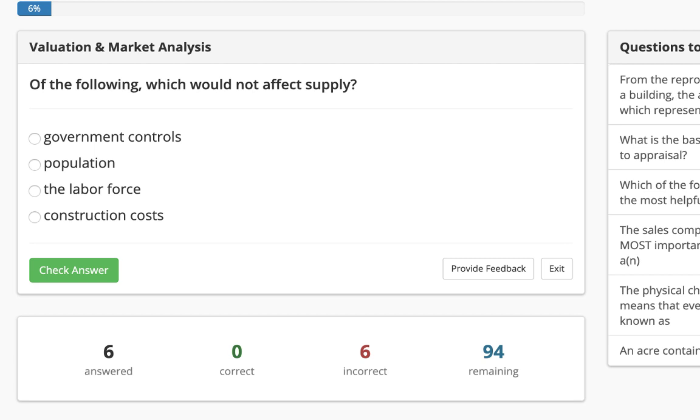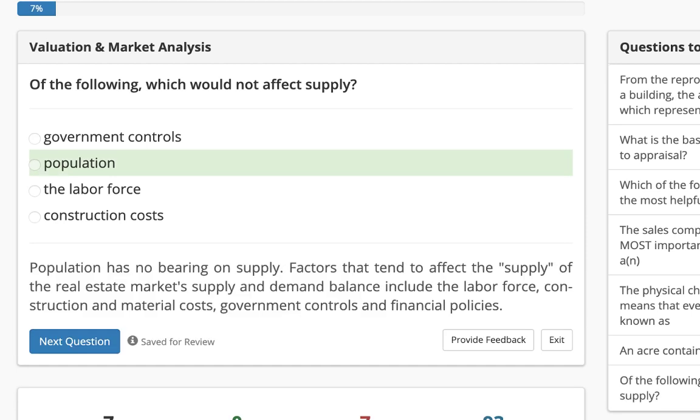So, not a lot of people super clear on this one either. Of the following, which does not affect supply? Population. Population itself as a number doesn't affect the supply of materials, but the government controls of the manufacture of materials, the labor force, for example, not having enough people to produce goods, and then construction costs, the cost to construct materials all affect supply.